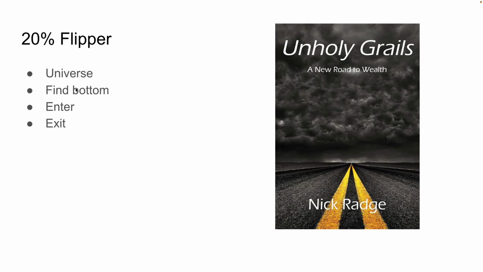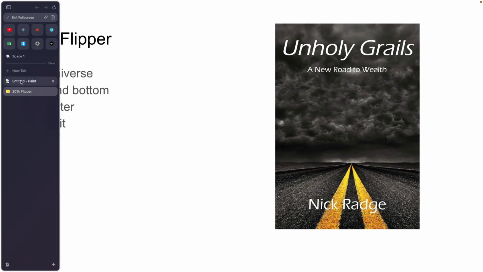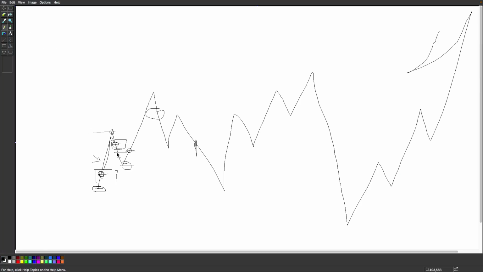So we find the bottom. Finding the bottom is basically: once it is out of the cycle, you keep recording the lows, and you keep updating the lowest low of this stock after it went out of cycle. So here, once I exit, I mark this is the lowest low on that day. This is my reference low.